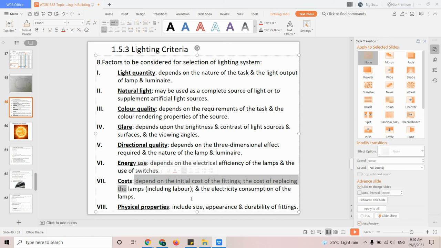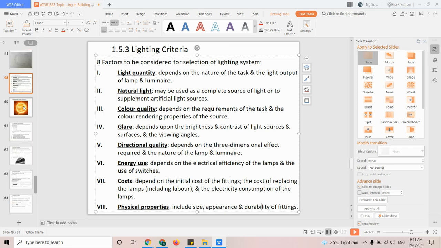We can have a very fancy shaped lamp to light up our room, or a very durable lamp to light up our room. So these are the 8 different factors that we want to consider for the selection of a lighting system.